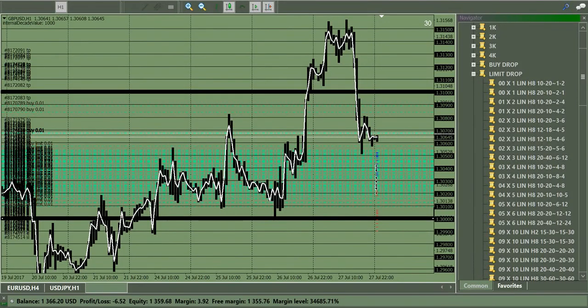Okay, somebody asked about this, about scalping versus swing trading. Well, the easy answer is the difference: with swing trading, you would have wider stops and wider take profits, and a longer time frame, I'm assuming.